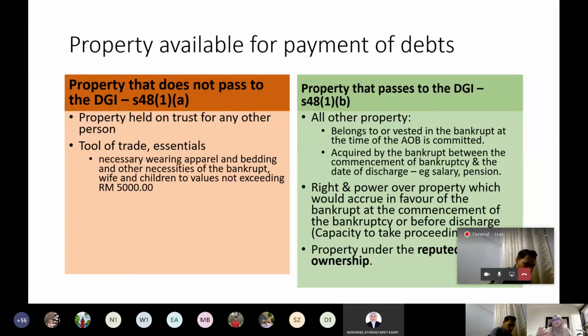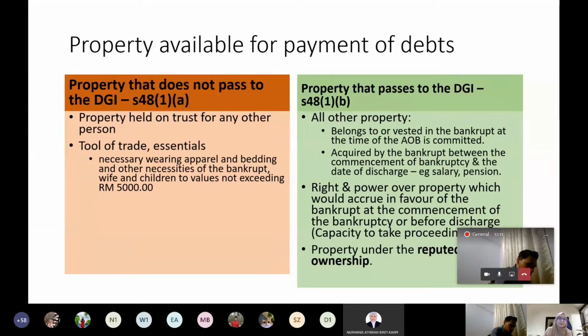So for example, if the debtor is holding property on trust, mungkin dia jaga rumah anak yatim, for example. Mungkin ada satu yayasan which give the property to the debtor for him to take care of, for other person. Such a property does not pass to the DGI.